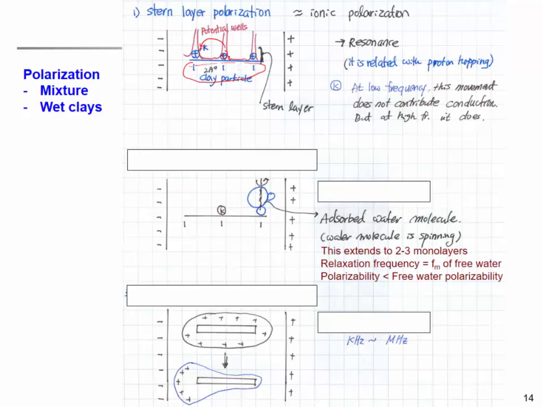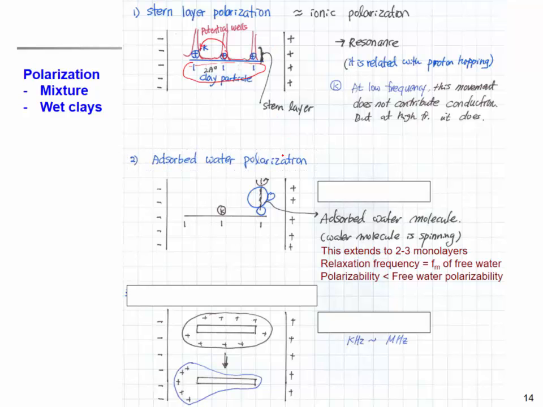Right? Because there will be a potential distribution according to the negative charge distribution. And this shows the resonance type of behavior. At low frequency, this does not contribute to the conduction. But at high frequency, this charge can move, and this contributes to the polarization and the surface conduction.